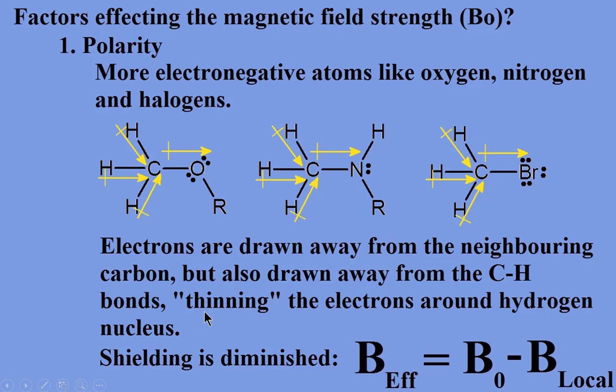That effective thinning of the electron density around the hydrogen nucleus has a detrimental effect on the local field, which we said was protecting the hydrogen nucleus. So that subtracting effect from the localized field working against the external magnetic field, B0, if that effect is being diminished, then the effective field strength felt by the hydrogen nucleus increases once more.